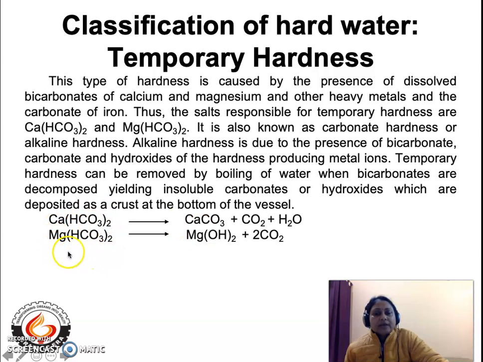Similarly, when we heat magnesium bicarbonate, we get another precipitate, magnesium hydroxide. So when we boil the hard water and get insoluble precipitates, these are removed by filtration, and such hardness is removed because of boiling.